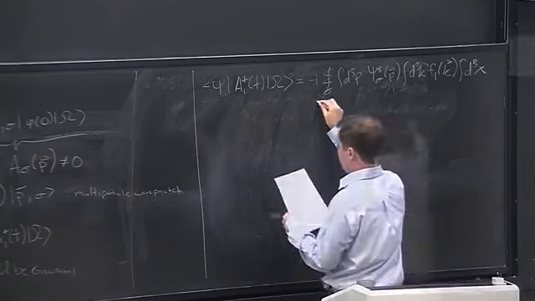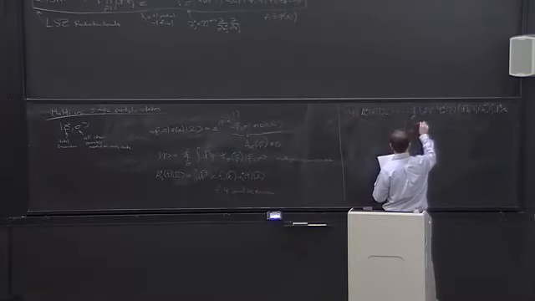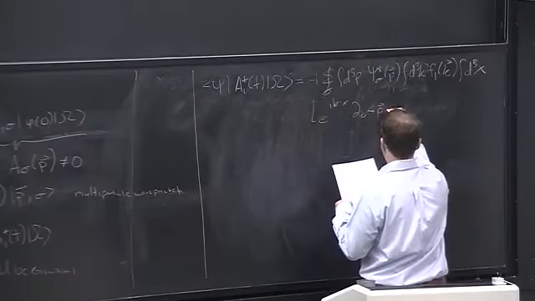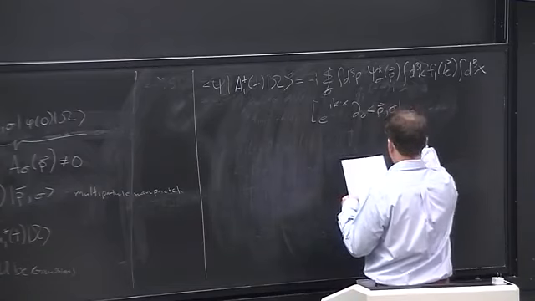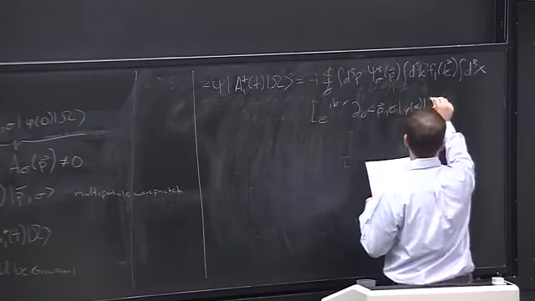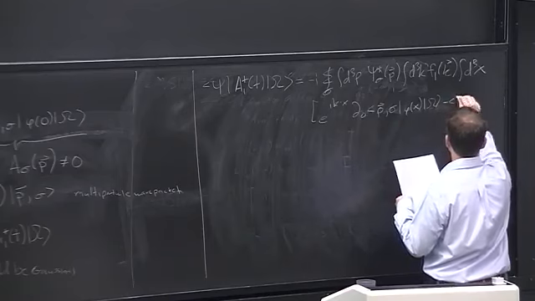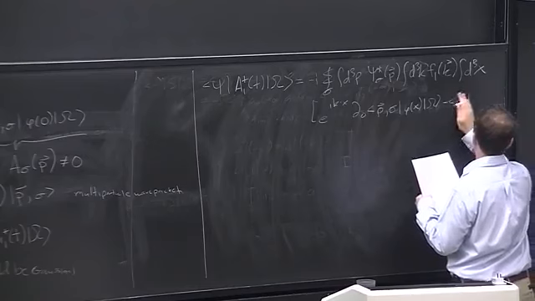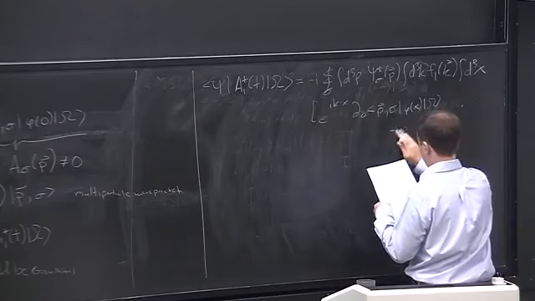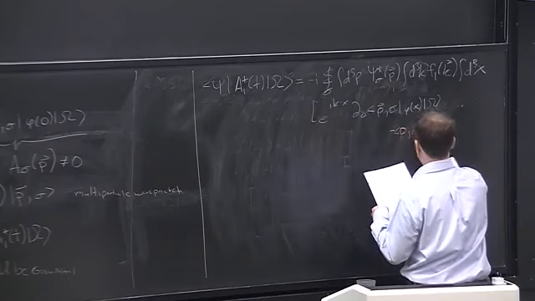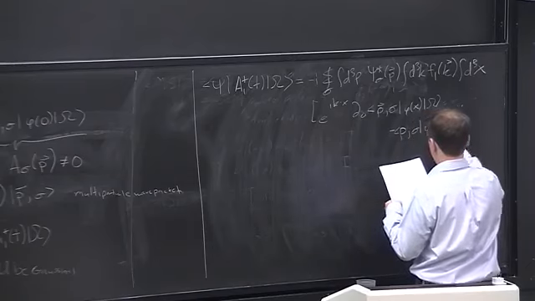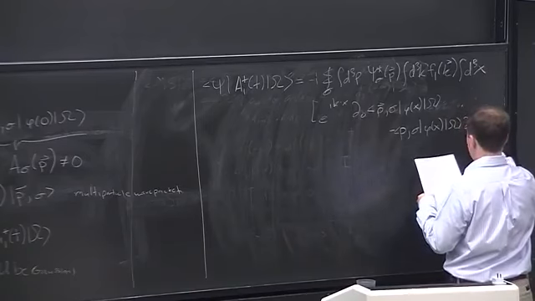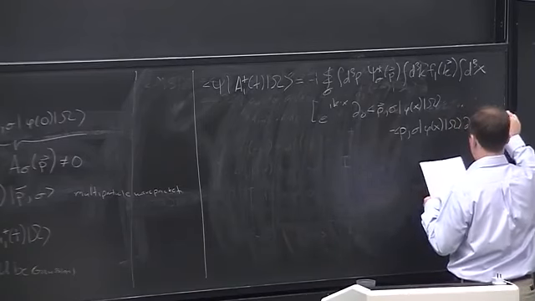So that's an integral of e to the i k dot x, derivative of sigma phi of x omega minus p sigma phi of x omega times the derivative e to the minus i k dot x.